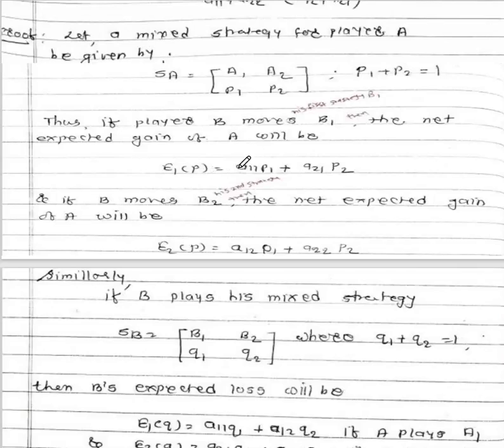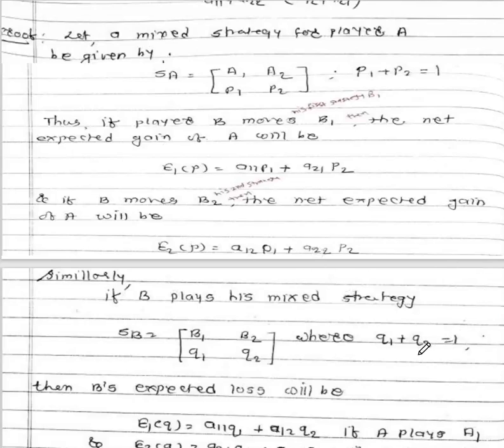Thus if player B moves B1, then the net expected gain of A will be E1 of p equal to a11 p1 plus a21 p2. And if B moves B2, then the net expected gain of A will be E2 of p equal to a12 p1 plus a22 p2.